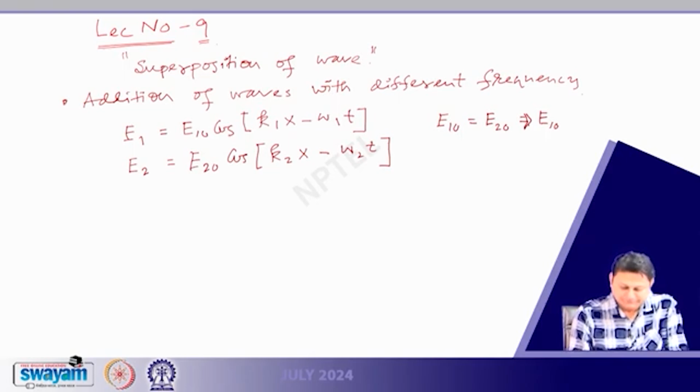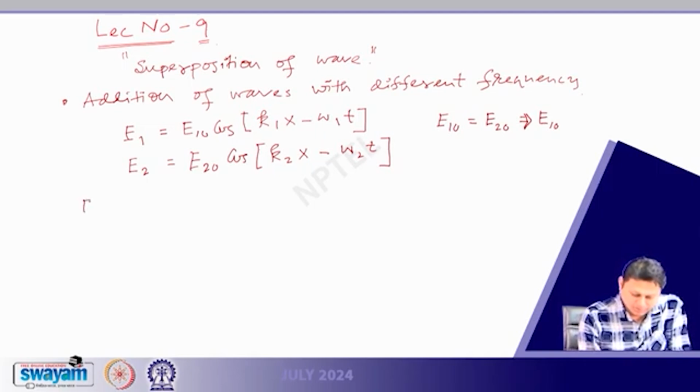That is the condition we put, that their amplitudes are the same. Now the resultant wave will be E1 plus E2.